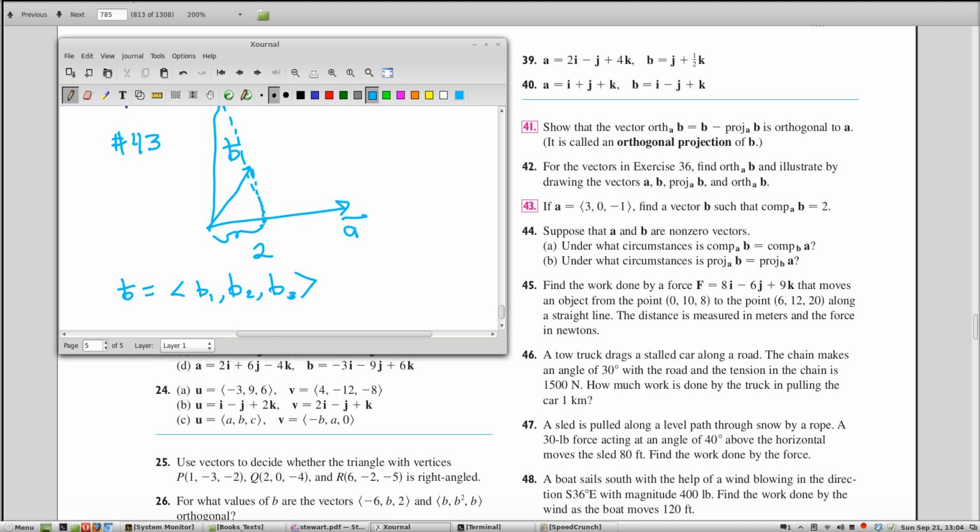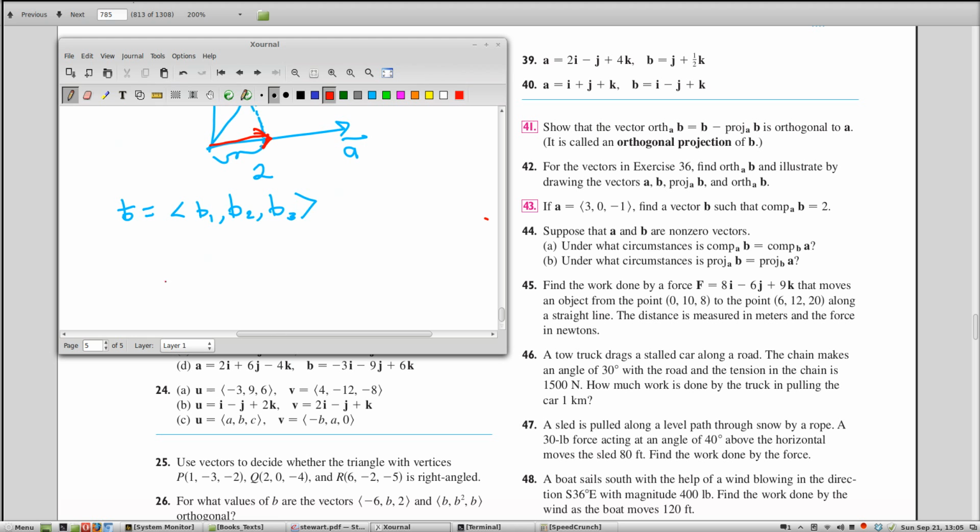Oh, you know what would be a really stupid way to do this is we could just scale A so that it has length 2. That's fair. Now the projection is just totally trivial, isn't it? Do you hate that solution? I kind of like that solution. Let's do that.